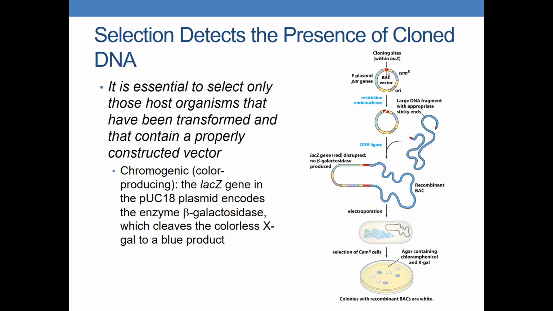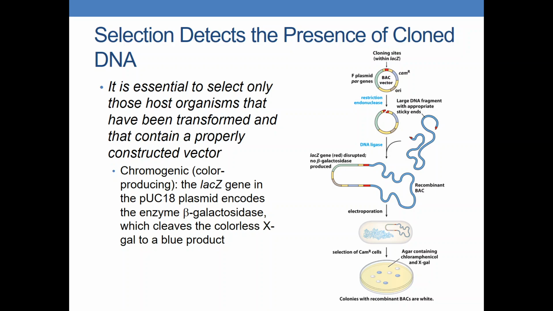So you're also going to see that this vector contains a gene encoding for LacZ. So rather, let me rephrase that. It contains the LacZ, which actually encodes for the enzyme beta-galactosidase. So beta-galactosidase normally is an enzyme that cleaves lactose into constituent monosaccharides.